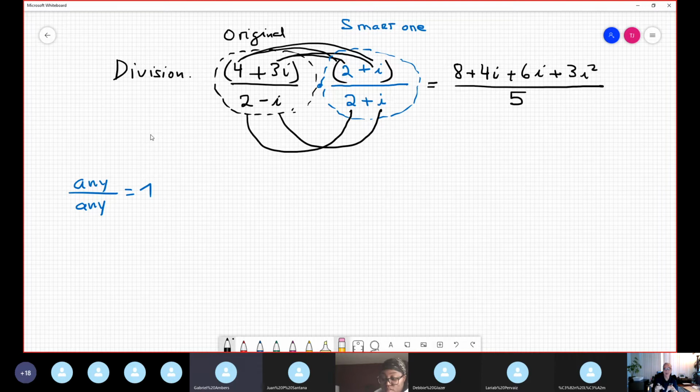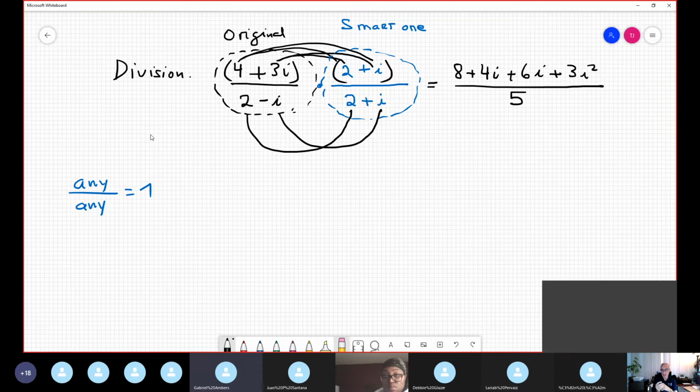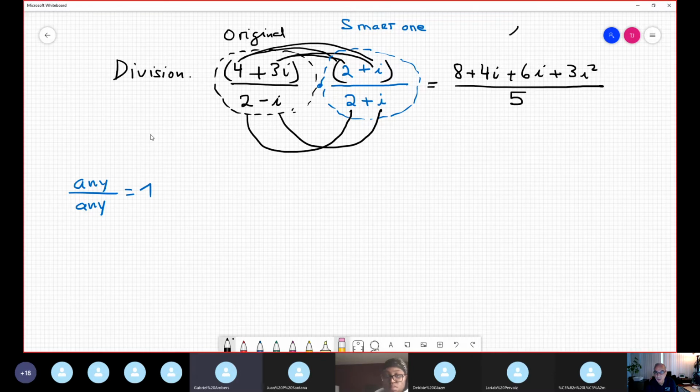So the bottom was easy, a shortcut. Now I apply one more time the regular multiplication. I know that i squared is -1. Therefore, we have 8 plus 4i plus 6i, and you have -3 here, actually. Sorry, -3, because you replace i squared with -1, and -1 with a positive in front becomes negative.